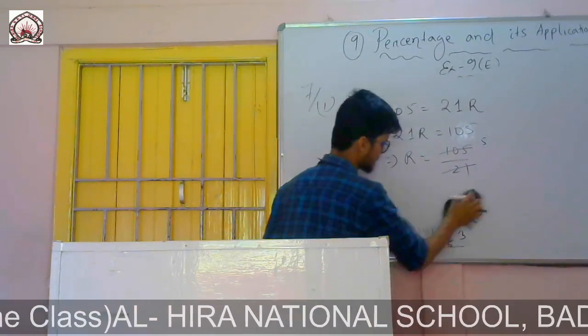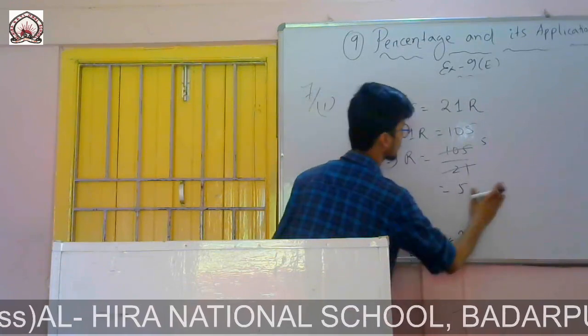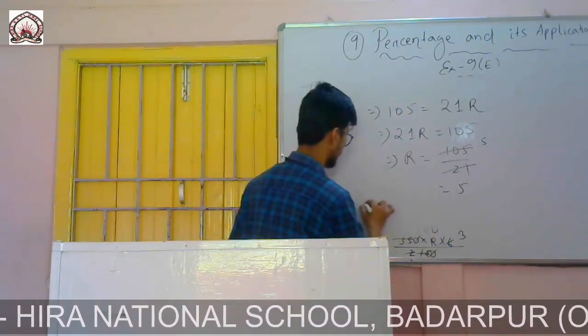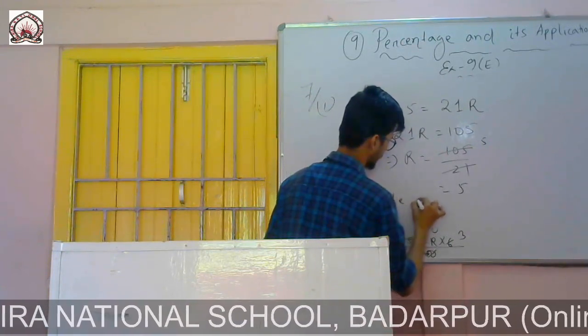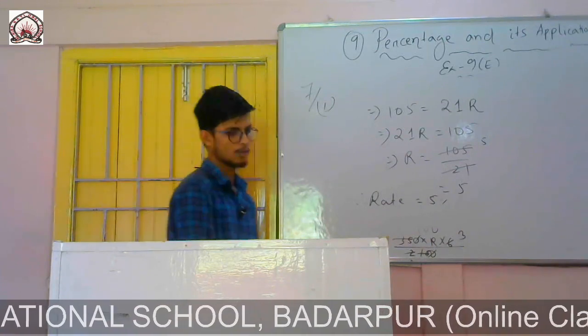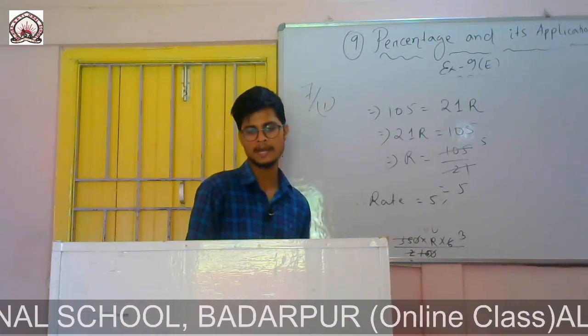That means the rate is equal to 5%. Therefore, you write rate equals 5%. The rest, Roman numbers 2, 3 and 4, are all the same.